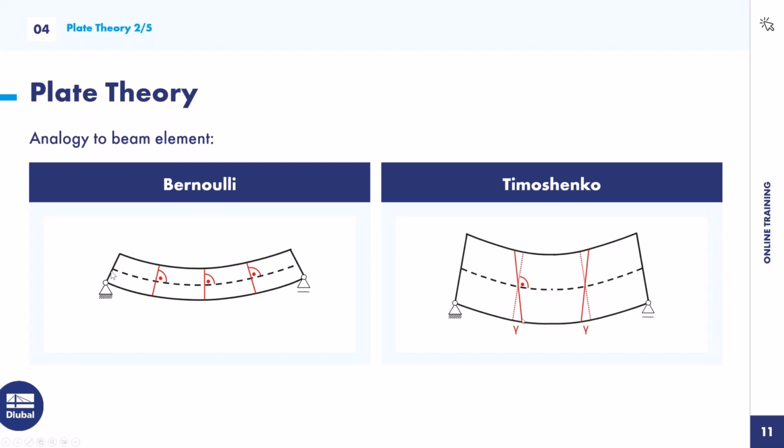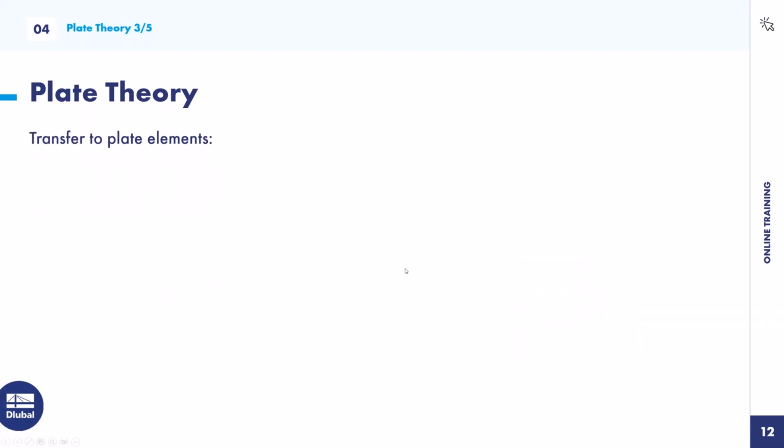Means the shear is also taken into account for the deformations. There's also kind of a rule: the bigger the beam, the better to use Timoshenko. This can be used completely for the plate theory as well.